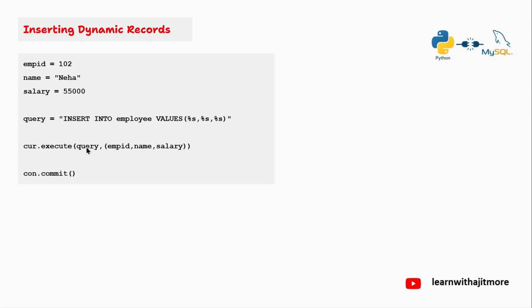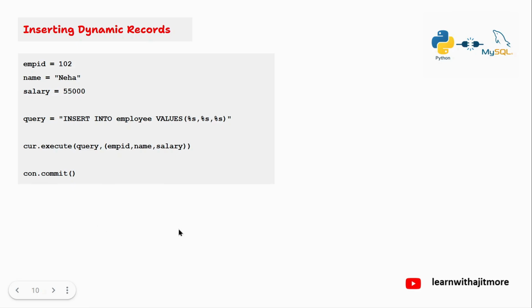First it will replace the placeholders in that query. For the first percent, it will put employee ID, second name, third salary. So these three values are put in place of the placeholders in that query, and then that query is given for execution, and then commit.